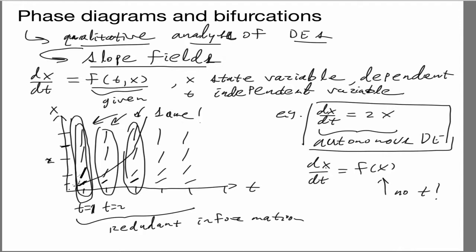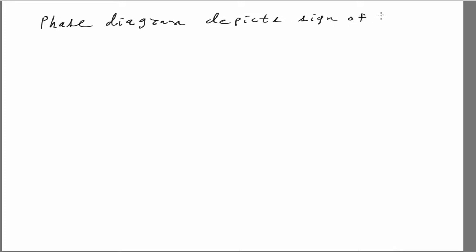So let's now talk about a phase diagram. A phase diagram depicts the sign of dx/dt at every point x for autonomous DEs.